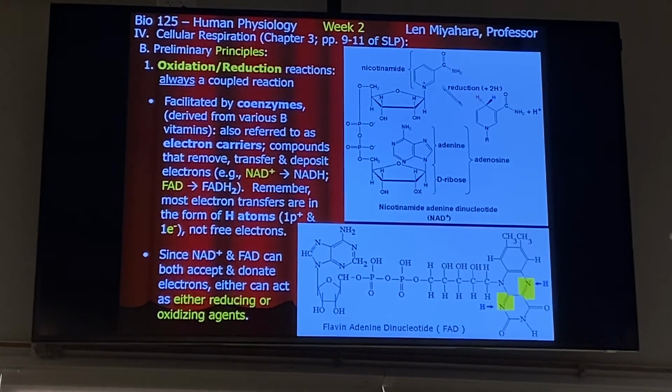It'll be really helpful, especially when we get to that third stage, the electron transport chain. You have this straight, right here, because they can exist in both forms. Bottom bullet, they can either be reducing or oxidizing agents.